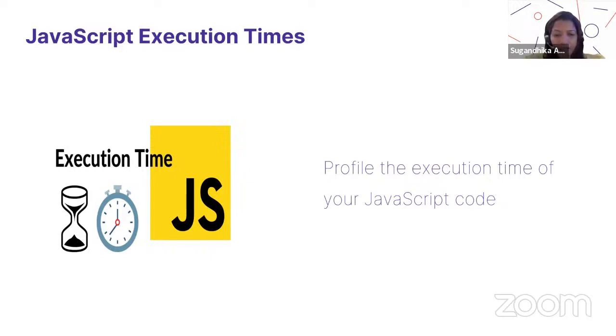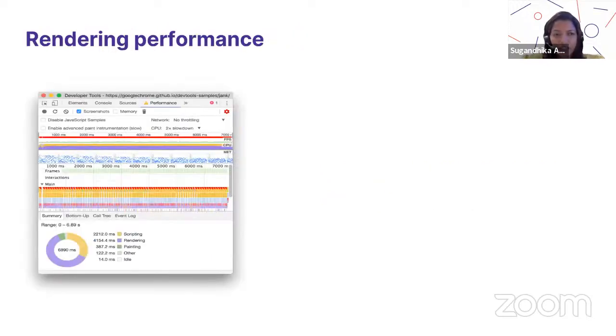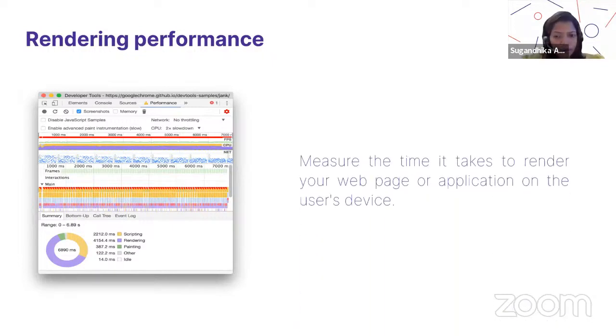Like JavaScript execution time, another important measurement in client side profiling is rendering performance. Rendering performance measures the time it takes to render your web application on the user device.